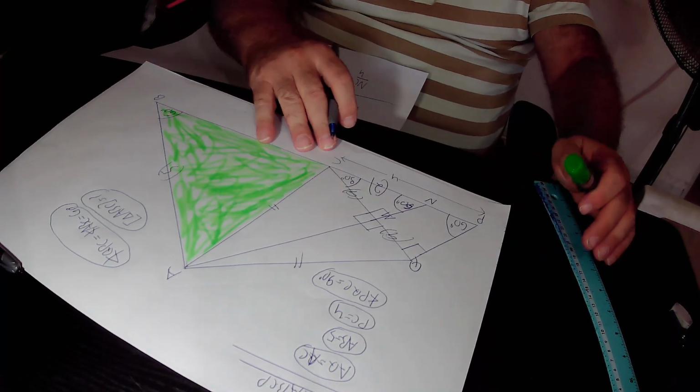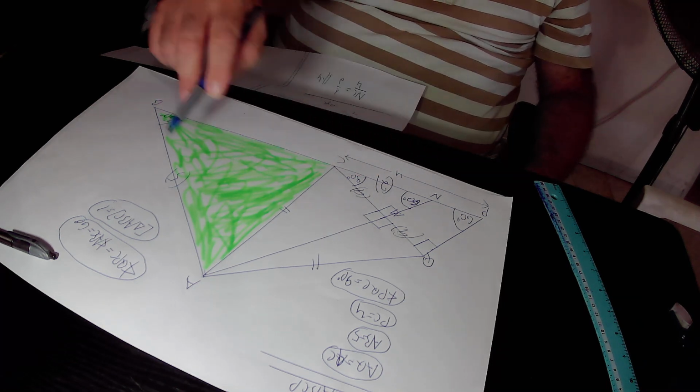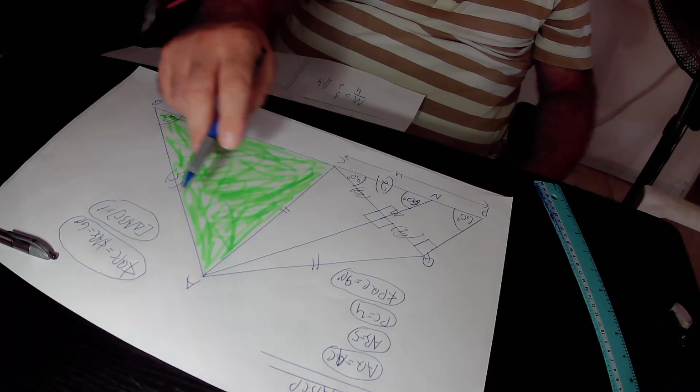In the next step, I'll copy the big triangle NAB on a new page and we will analyze this big triangle NAB.